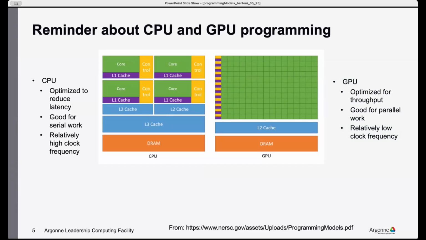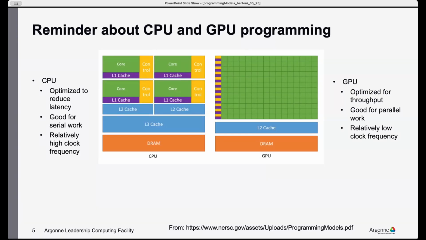A CPU is designed to reduce latency and run a single thread or a few threads very fast. So they usually run at a high frequency, and they have hardware dedicated to decreasing latency, like branch prediction and out-of-order instructions. On the other hand, GPUs are really optimized for throughput, so optimized not for how fast a single instruction can execute, but how many instructions can be executed in a given time.